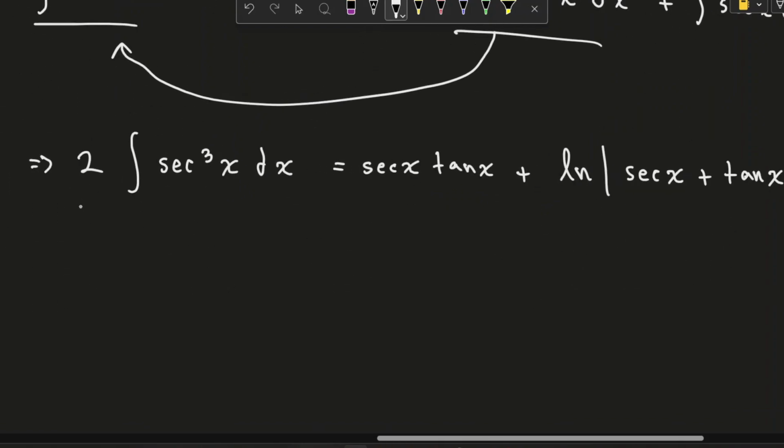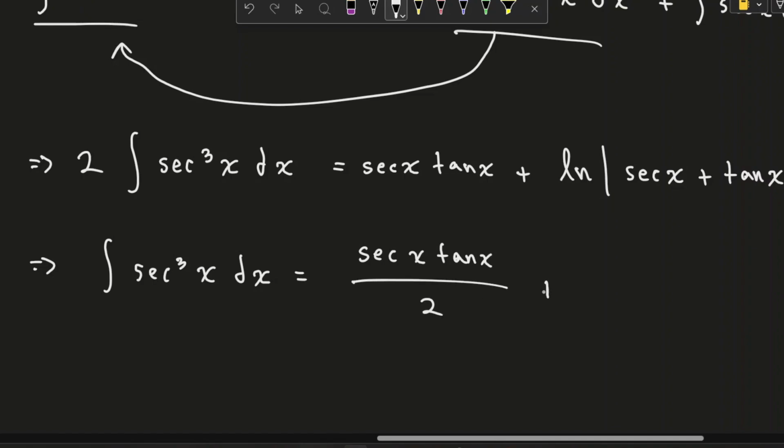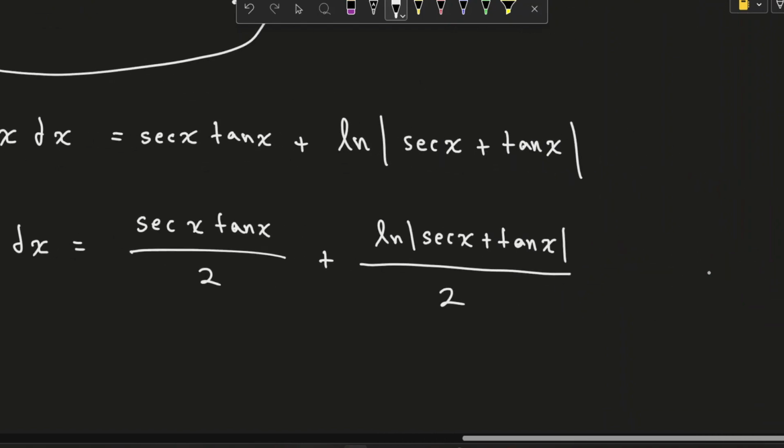And now just divide the whole equation by 2 and you will get the final answer, which is sec x and tan x over 2 plus ln modulus sec x plus tan x over 2, and you have to add a plus c at the end. So this is your final answer.